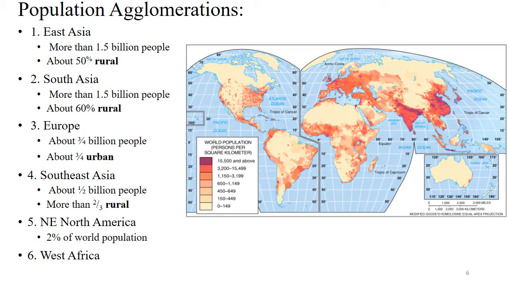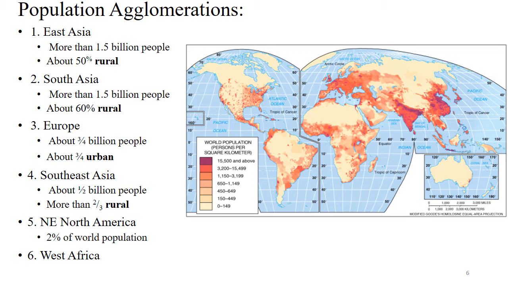There are some emerging population agglomerations, right? Places that historically might not have been major concentrations of human beings in the past, but are emerging as such today. These would include the northeastern part of North America.